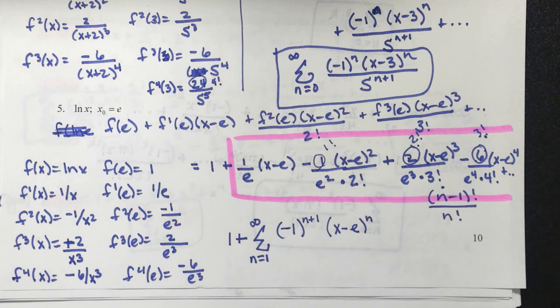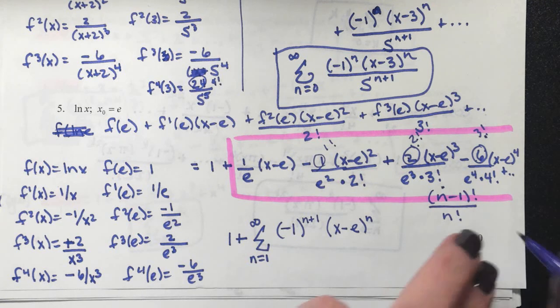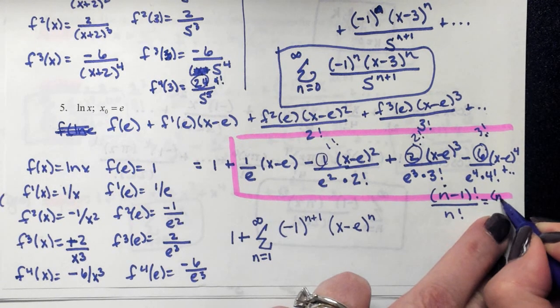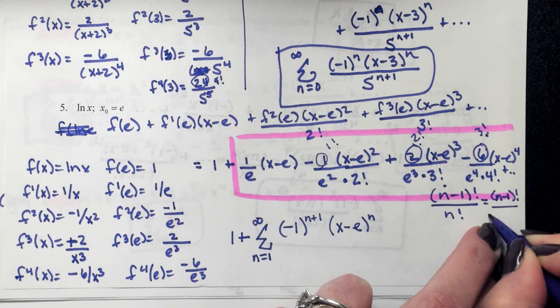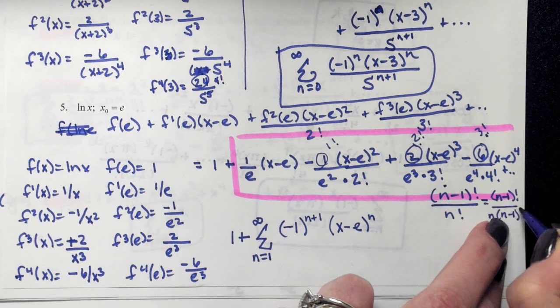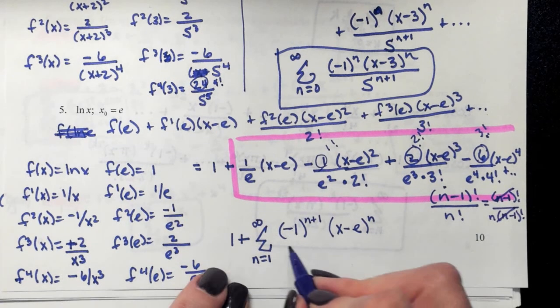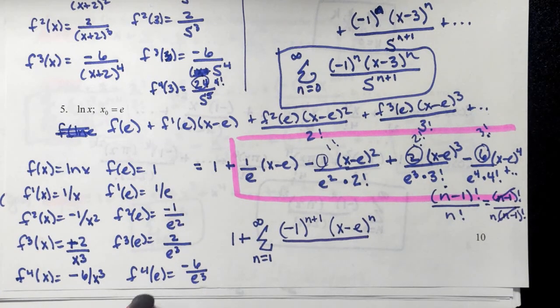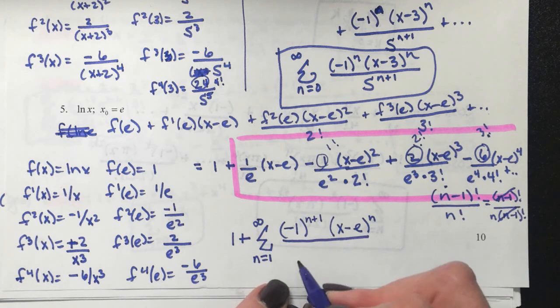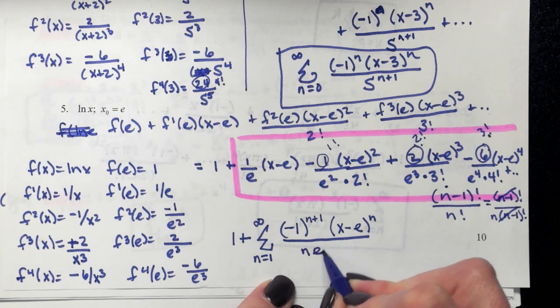So when you simplify your factorials, what you can do is rewrite n factorial as n times n minus 1 factorial. So what is going to be left in the denominator now of this general term? It's going to be what? N times what? E to the n.